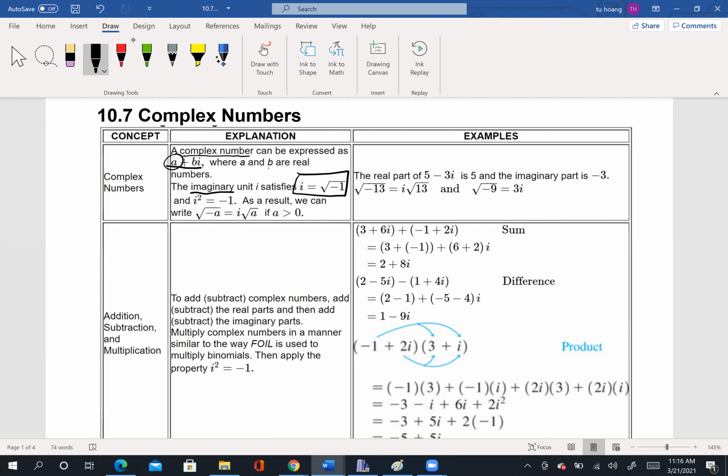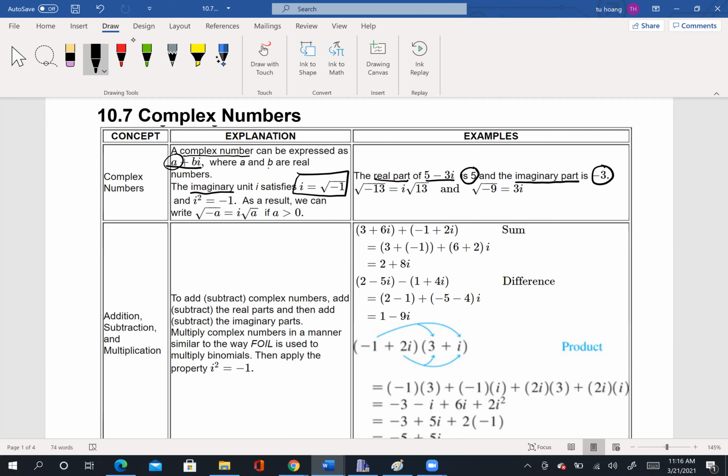Let's say we have an example over here: 5 minus 3i. We call the real part 5 and the imaginary part negative 3.